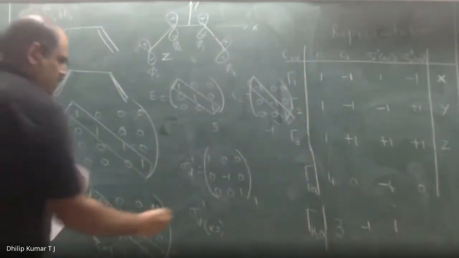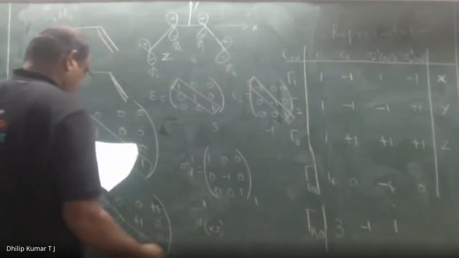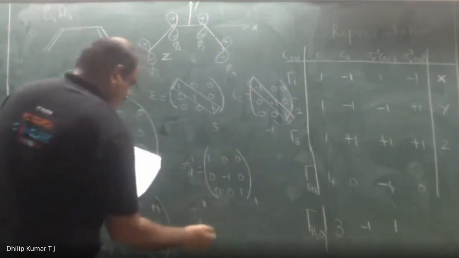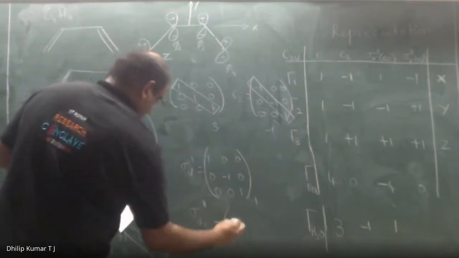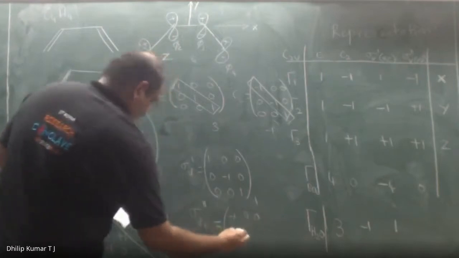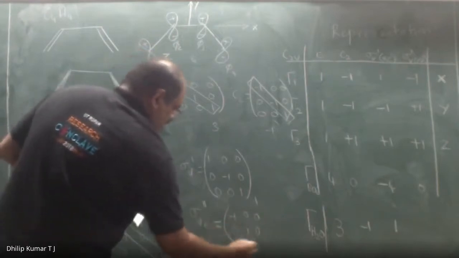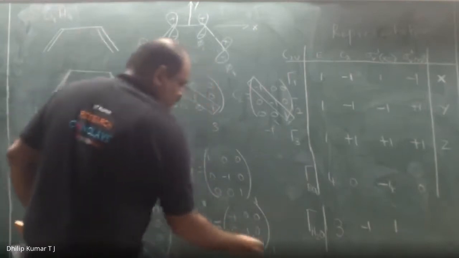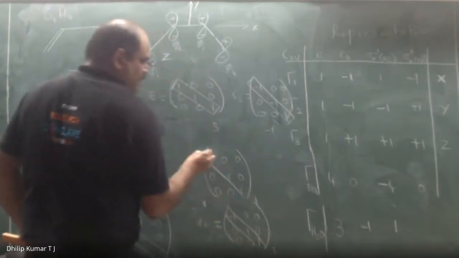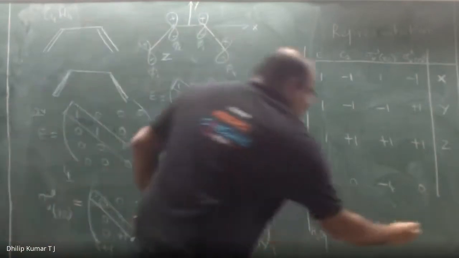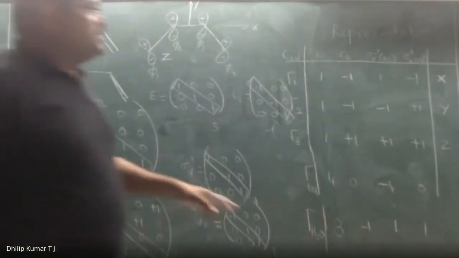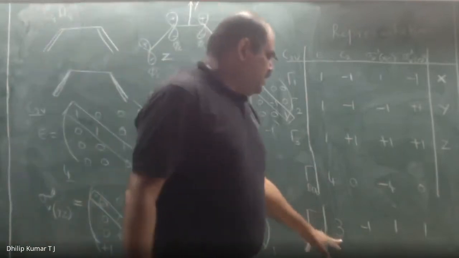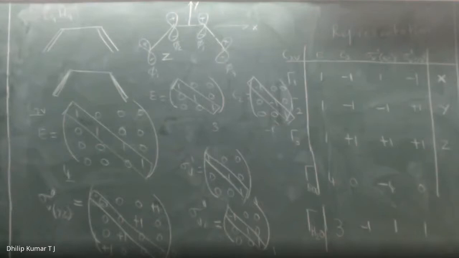And sigma V double prime for water is minus 1, 0, 0, 0, 1, 0, 0, 0, 1. If you add it up again, it is 1 here. So diagonally if you add it, 1. So for water molecule, if you add the diagonal elements, this is a representation. For E it is 3, for C2 it is minus 1, for sigma V prime it is 1, and sigma V double prime it is 1.